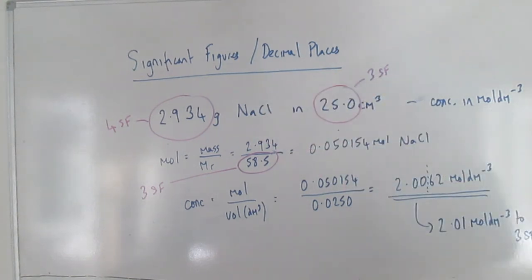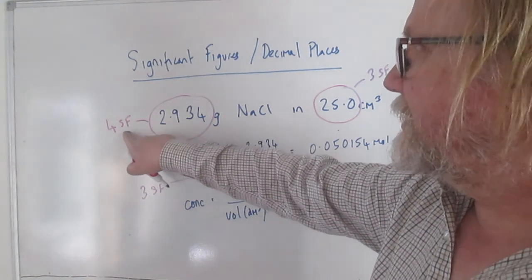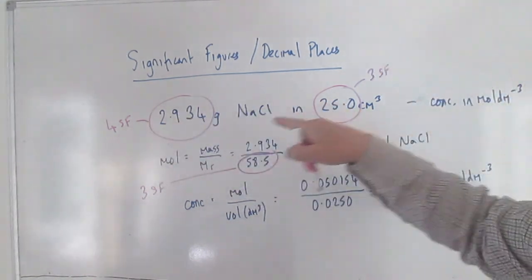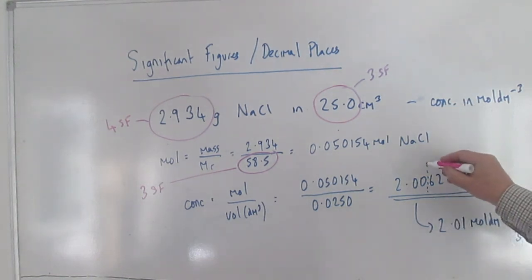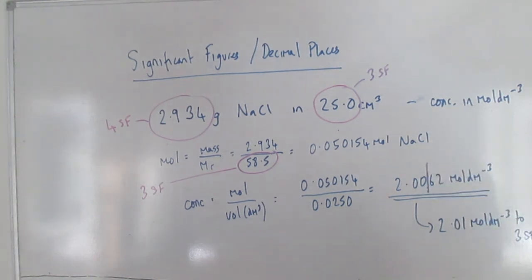So those were the 3 numbers that we fed in, and as we said before, it doesn't matter that you know that one to 4, because you don't know these ones to 4, so you're limited to 3 in your answer. So that again is where your cutoff comes, and that rounds up to 2.01. So that would be an appropriate number of significant figures.